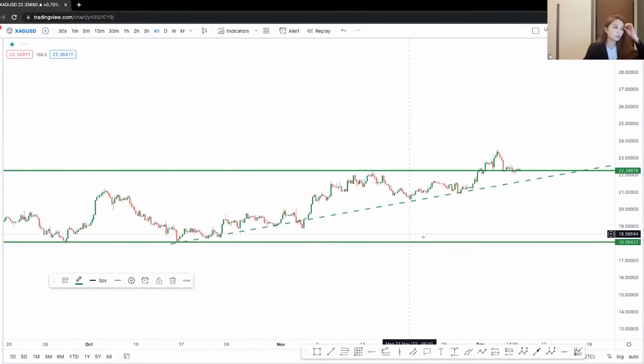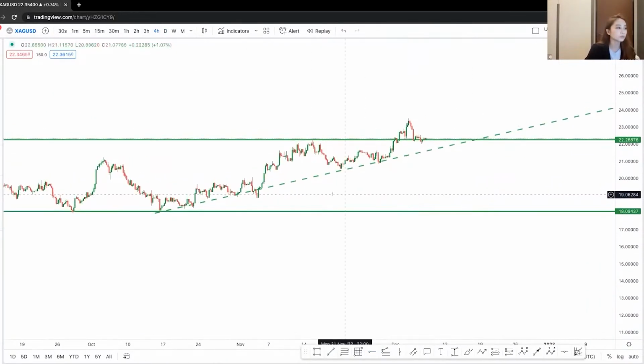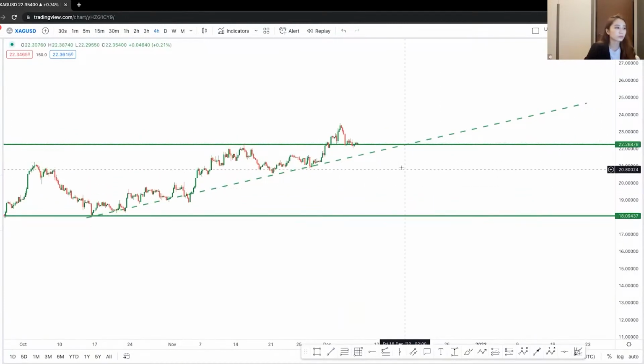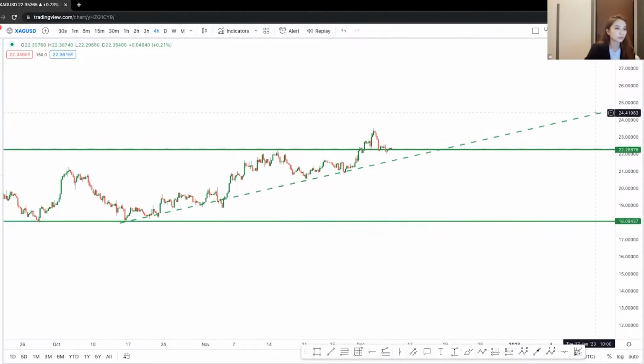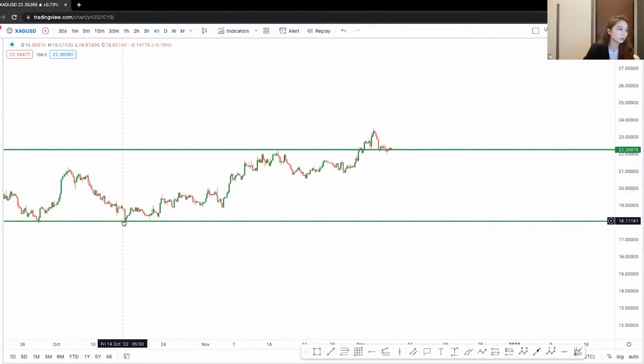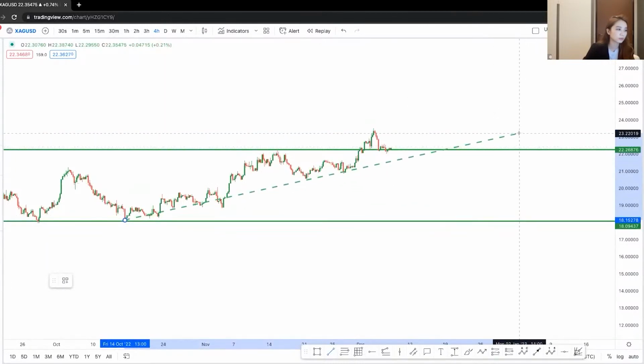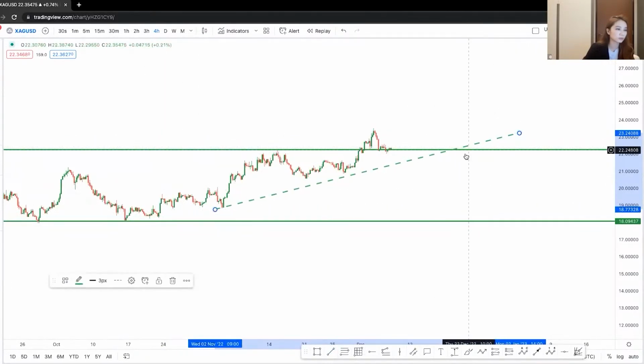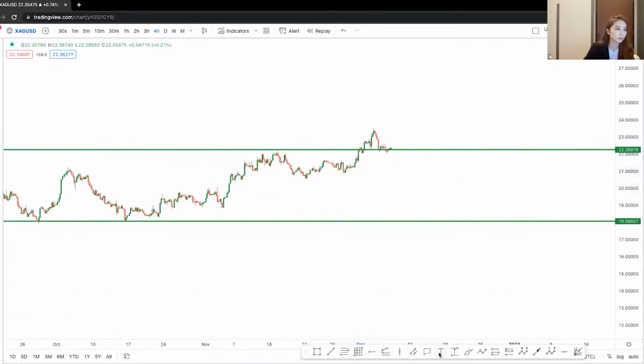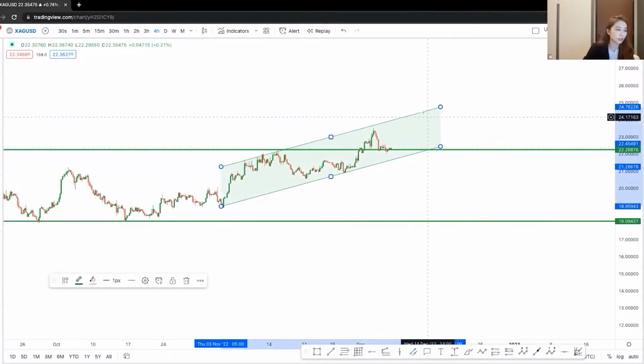Looking at H4. Let me just redraw the trend line. Instead of a trend line on H4, it looks like a channel.